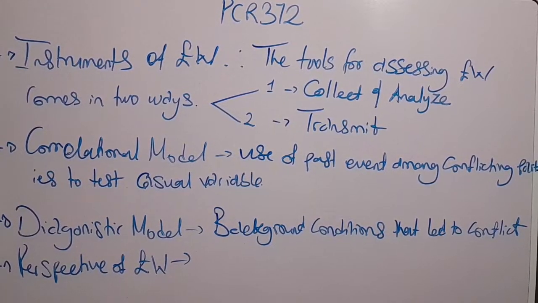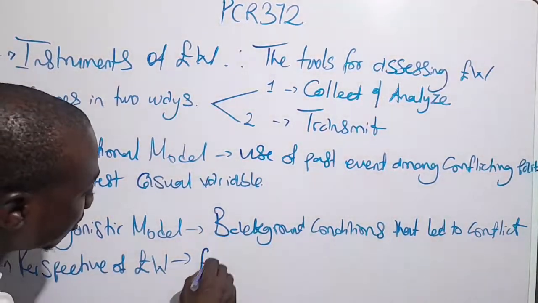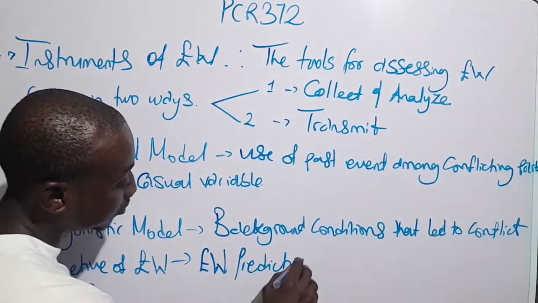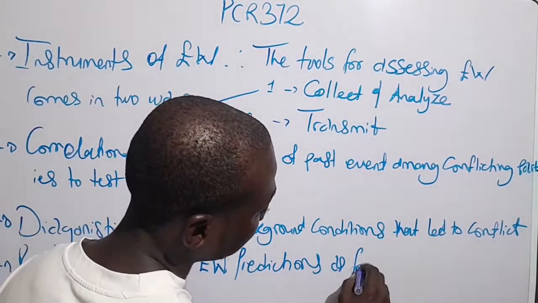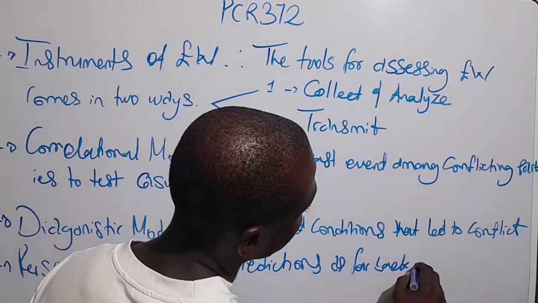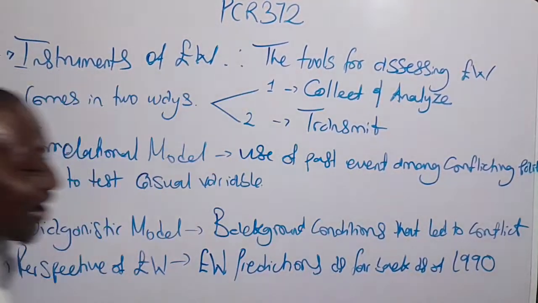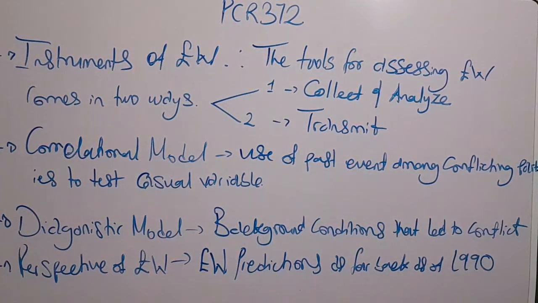According to earlywarnings.wordpress.com on page 2, certain predictions have been made as far back as December 1990. As far back as 1990, early warning predictions have been made.